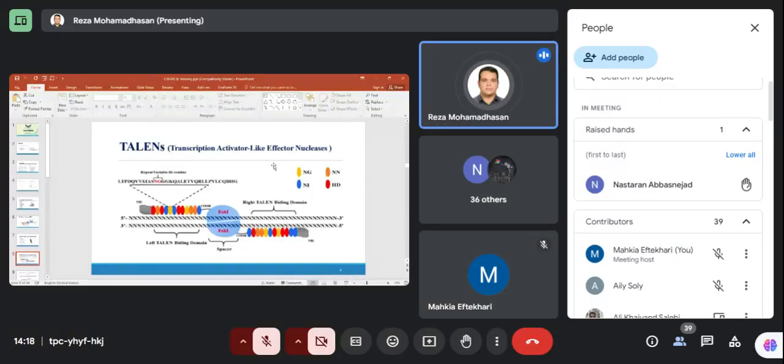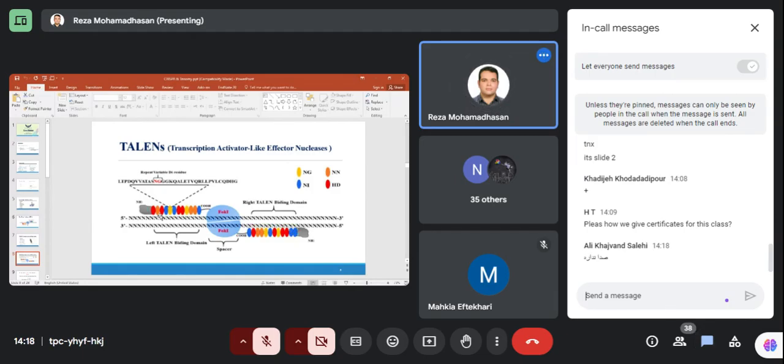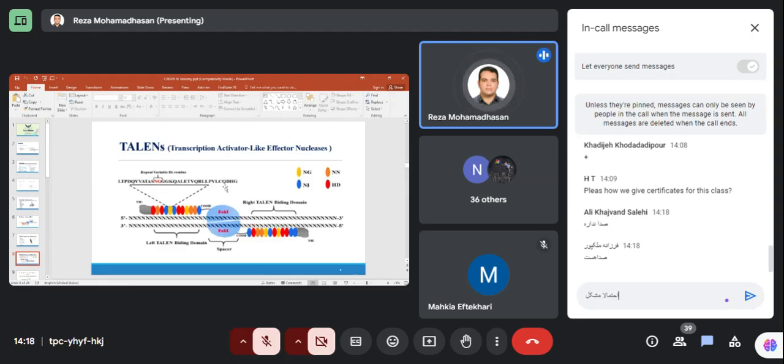You can see what happens in editing by TALENs. As I told you before in the last slide, you can see the TALEN binding site here and here, and also the core, the endonuclease, to cleave the DNA.